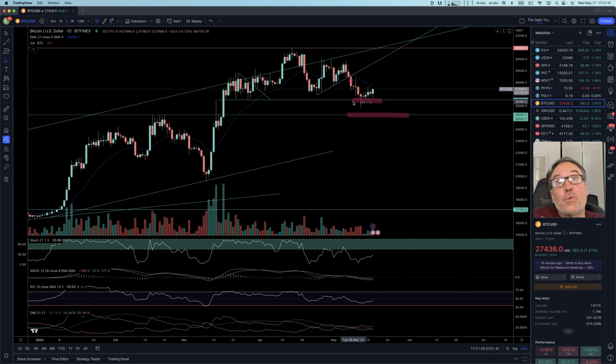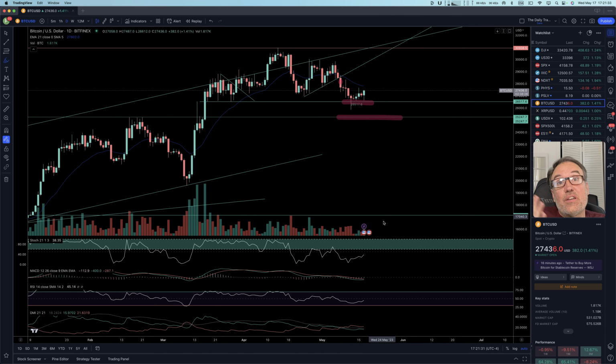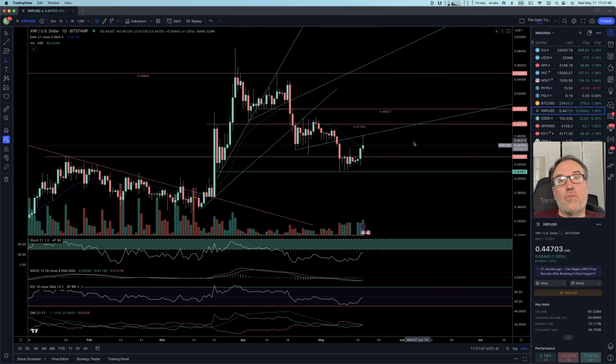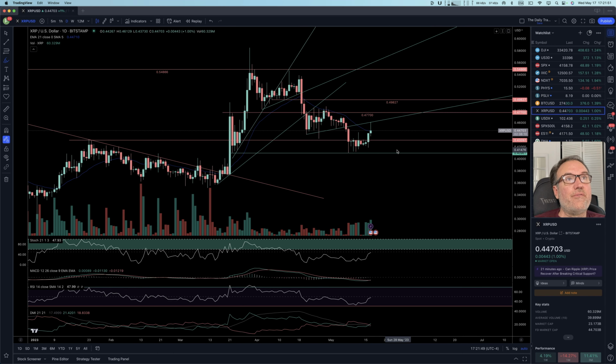We are staying above 26,517. Stochastic is getting a little bit better. So maybe if we keep staying here a little bit, then we are going to get stochastic, and maybe we are going to start going back to 30,938.